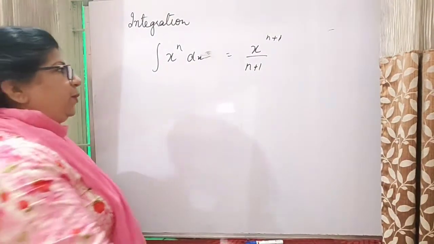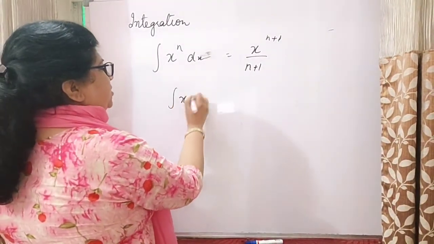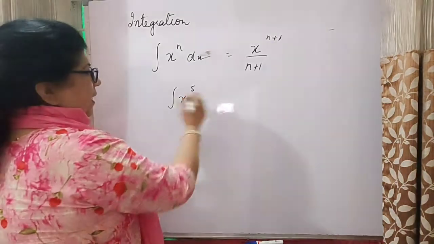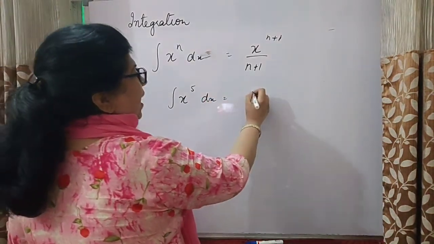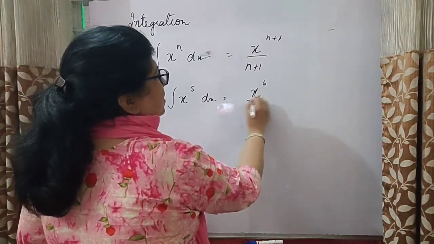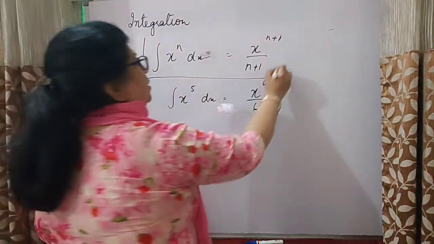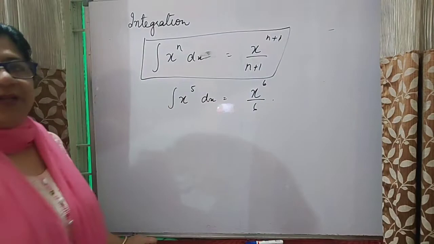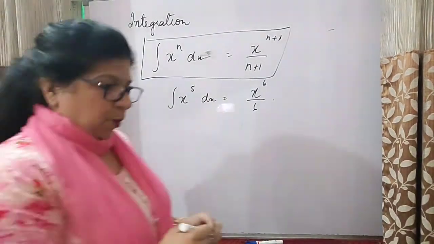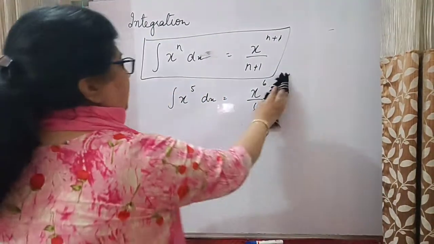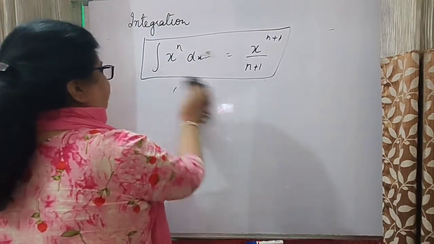Which means if we are integrating, suppose x to the power of 5, then the answer becomes x to the power of 6 upon 6. This is a general formula for integration.